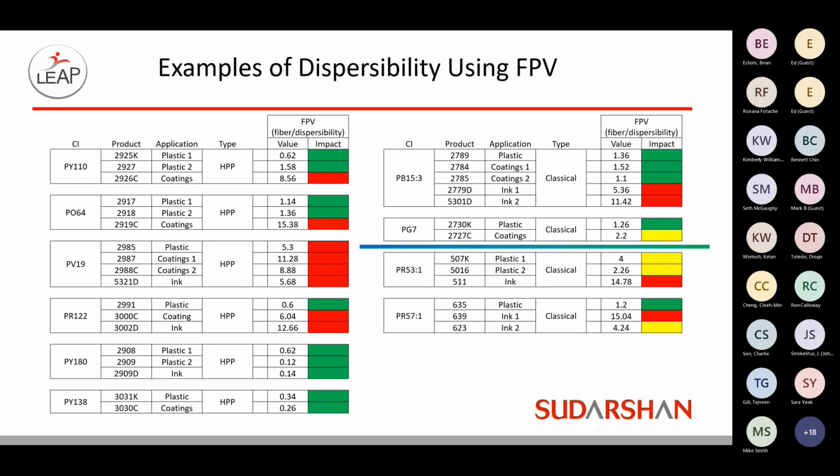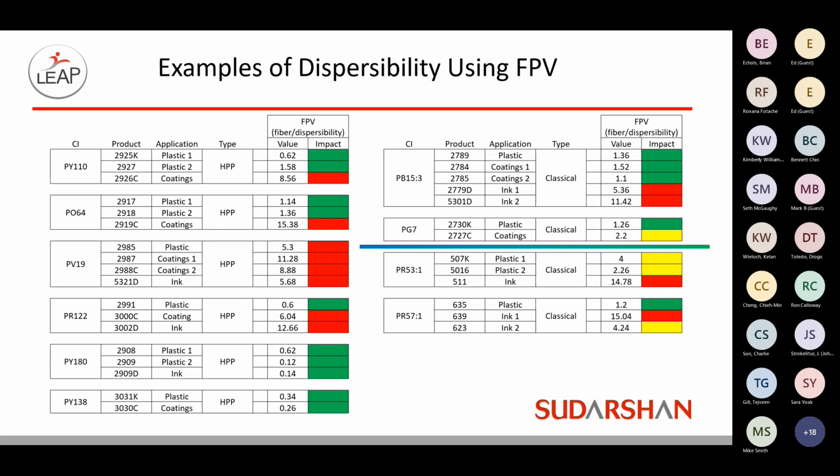So overall, here are the types of chemistries that we explored for this webinar series. We took a look at a number of high performance pigments, which are on the left-hand side of this chart: Yellow 110, Orange 64, Violet 19, Red 122, Yellow 180, and Yellow 138.